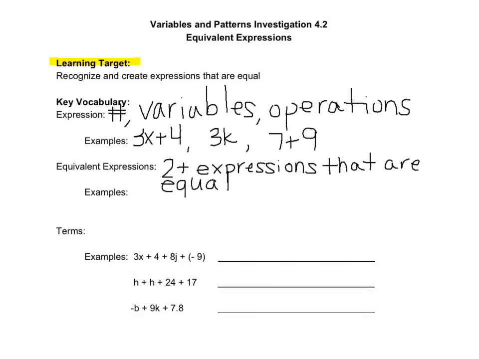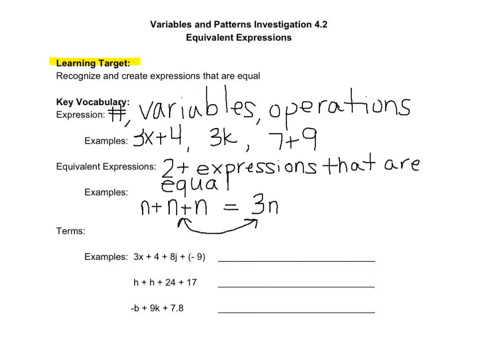So an example could be, let's see, n plus n plus n, so that's an expression. But that expression would be equal or have the same value as saying, well, there are 3 n's. So these two have the same value.